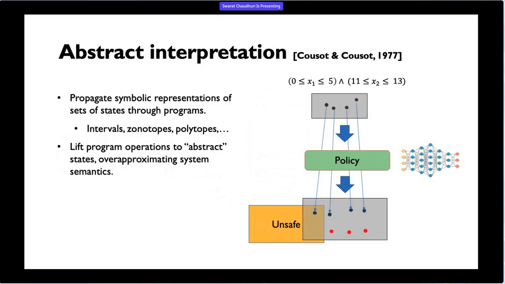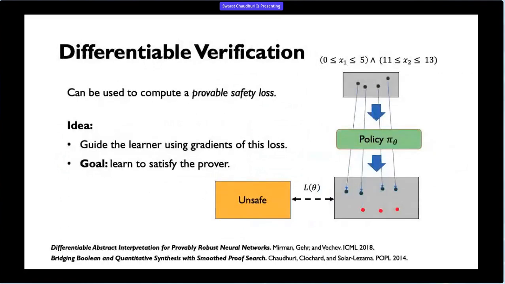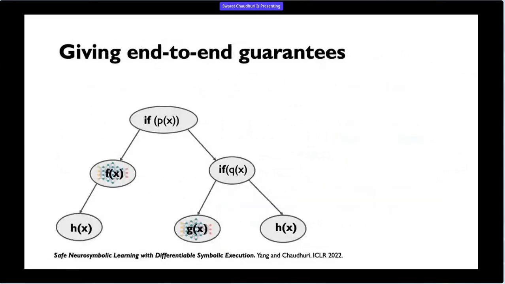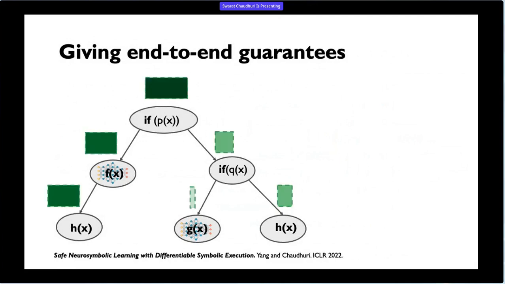But what if the policy had branches and so on? How would you deal with that? Well, it turns out that there are ways in which you can handle that problem. So, for example, if you have a picture like this, where you have some neural network or some symbolic pieces of code and conditional branches, there are ways in which you could propagate gradients through a structure like this.